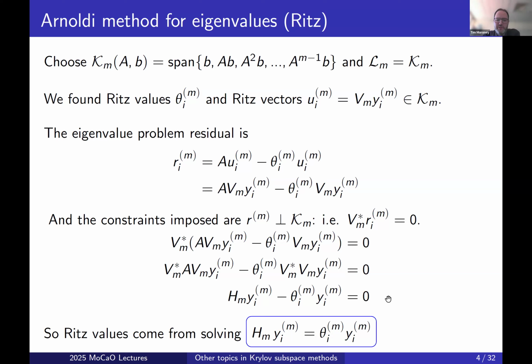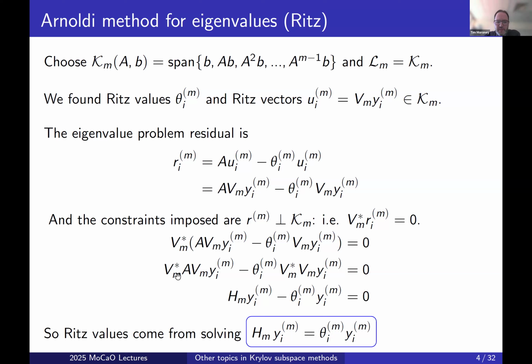So what do we get if we impose that this is orthogonal to K itself? Okay, so we'll take our test space L to actually just be K. So this residual has to be orthogonal to K, so that means that Vm star times r has to be 0. All of those projections are 0. So we just put in our formula for the residual. The Vm star goes here, A Vm y minus theta Vm y, and we'll see what falls out.